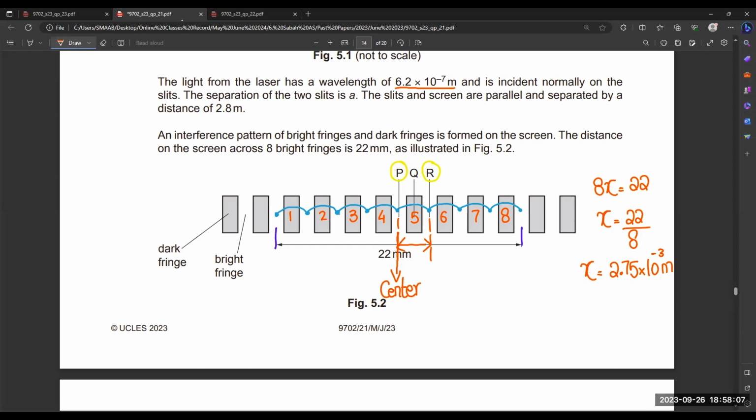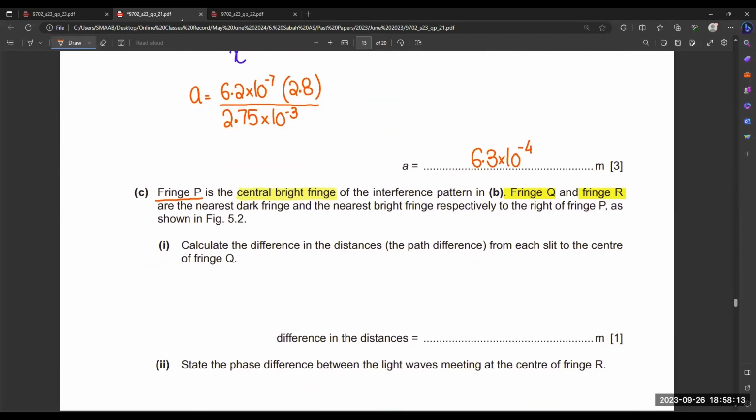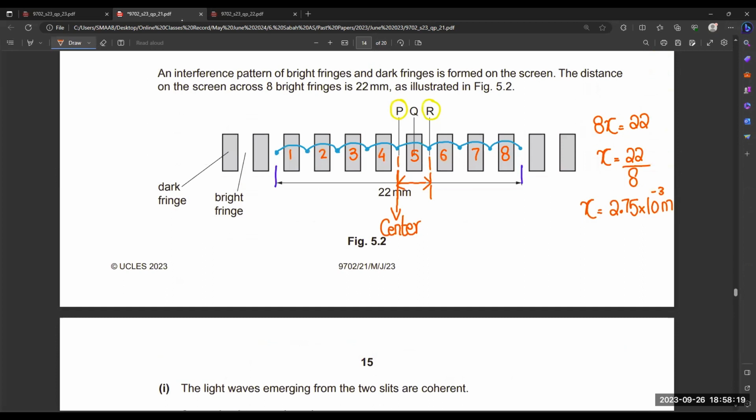So let's suppose you need to find out the path difference. For the path difference, because P is the bright fringe and R is also the bright fringe, right? So between P and R, how much length did you cover? Half wavelength, complete wavelength, 1/2, 3/2. What will be your wavelength?